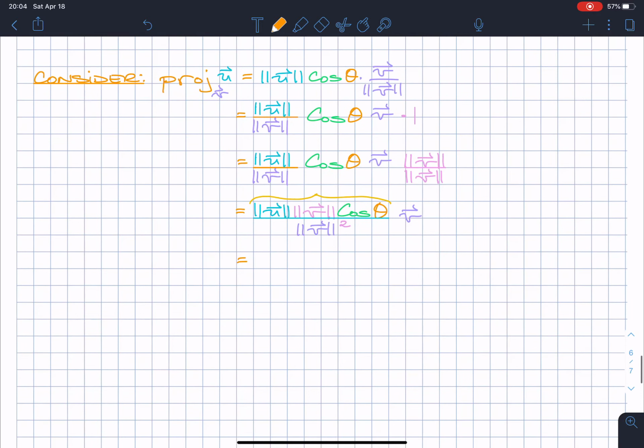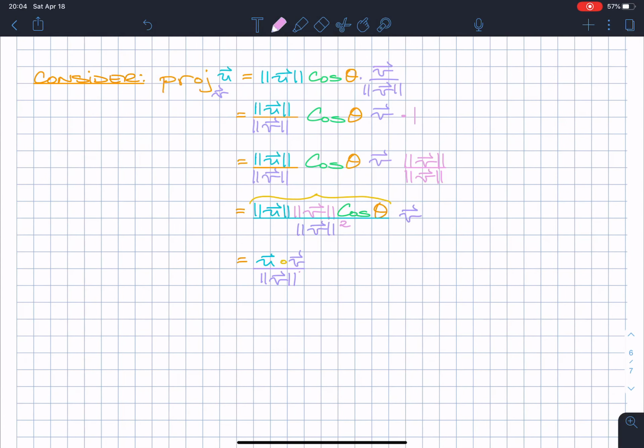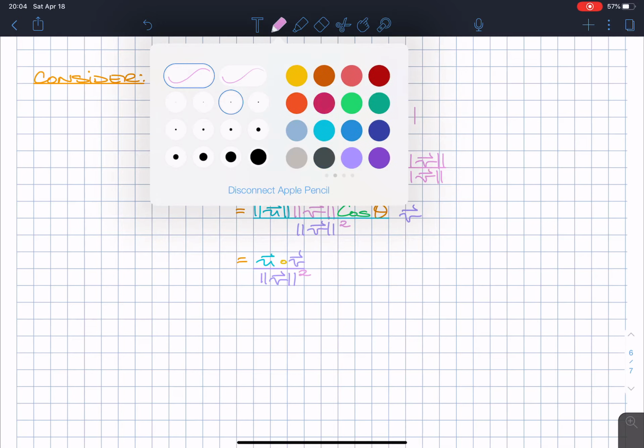So now in the numerator, what I have is simply u dot v, divided by the magnitude of vector v squared, times vector v.